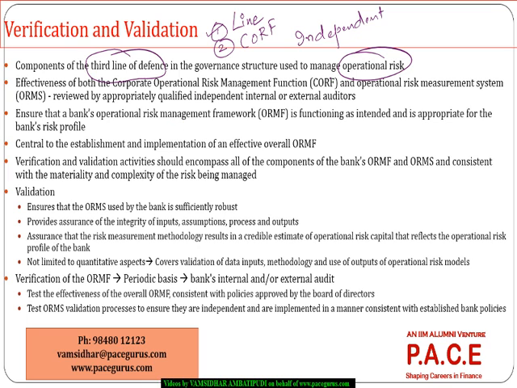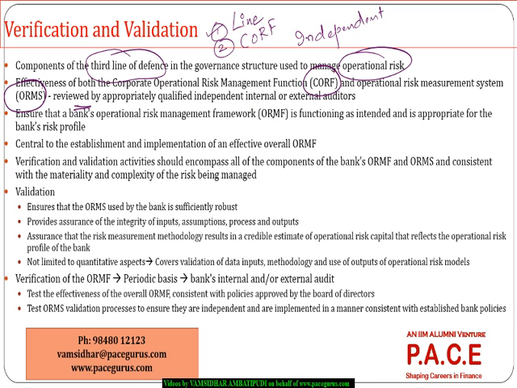So the layer 2, which is the corporate operational risk management function, and the operational risk management systems the company has developed, the effectiveness of all these things needs to be reviewed by competent, qualified, independent internal or external auditors.